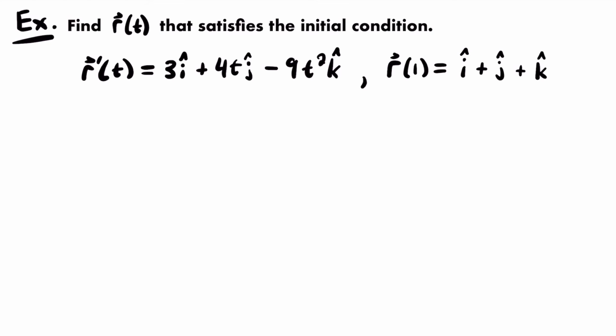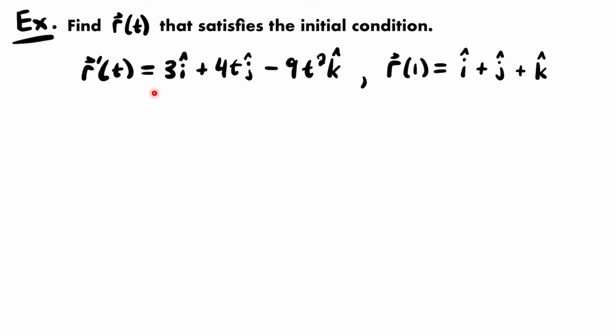And for that derivative vector, we are also given an initial condition. We are told that when we plug 1 into that original vector function, we should get this vector, i plus j plus k. All three components should be equal to 1. All right, and so the process is very similar. It's almost exactly the same to how you solve initial value problems in Calculus 1.